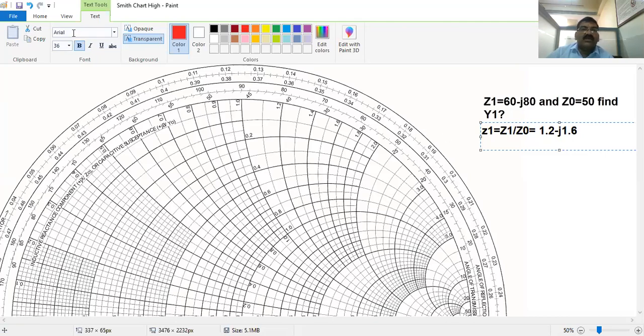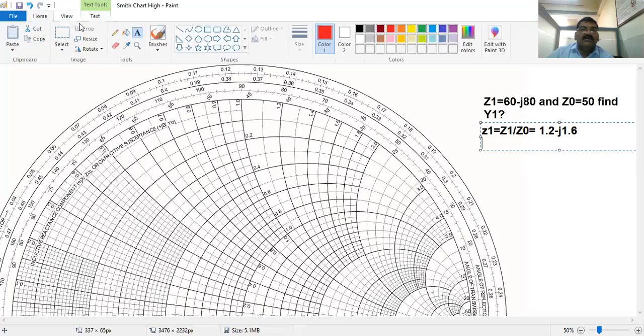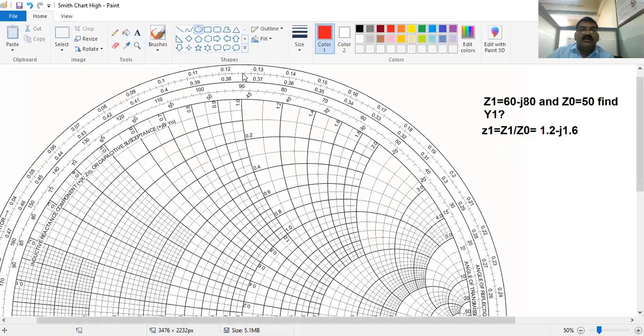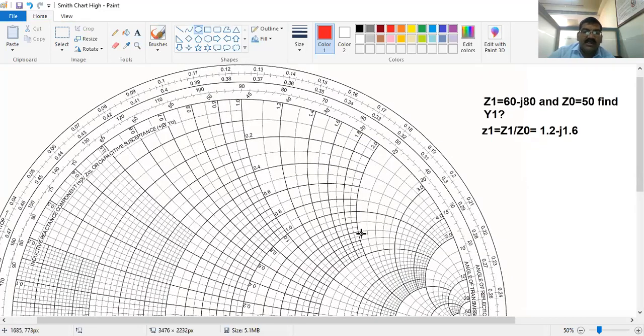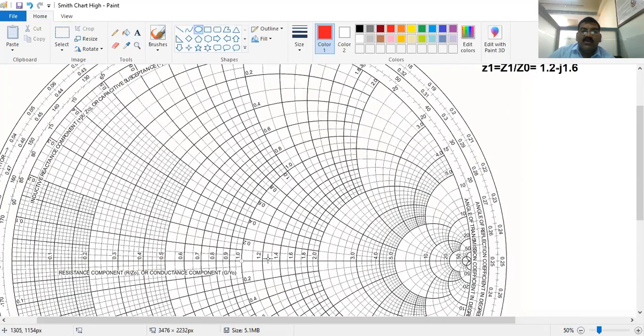So how will we plot this? Quickly you can say that it is 1.2. So where is 1.2? This is 1.2 and minus 1.6. So 1.2 is here. I'll just use the cursor so that it will be visible for you all.